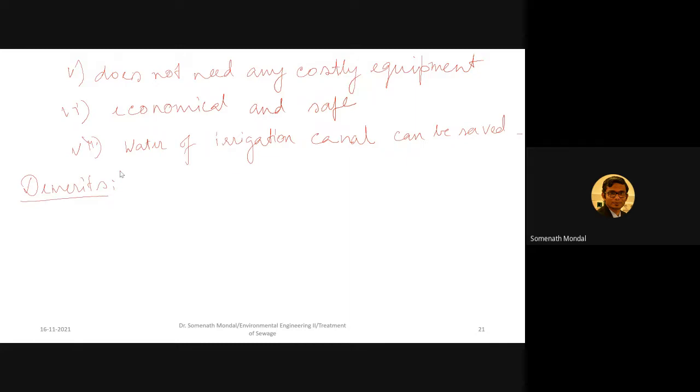Basically, if you don't take proper precautions, then it can create some nuisance, because it can create some hazard to human health, and that is why it is necessary that the sewage farms should be operated under skilled technical supervision, and it should be away from the locality.